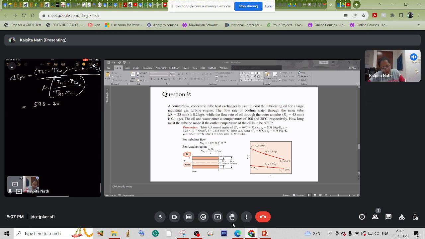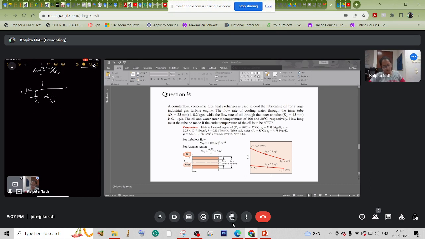That is 59.8 minus 30 upon ln(59.8 upon 30), which is equal to 43.2 degrees Celsius. So the overall heat transfer coefficient is 1 upon Hi plus 1 upon H naught.